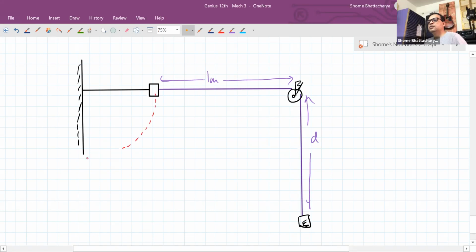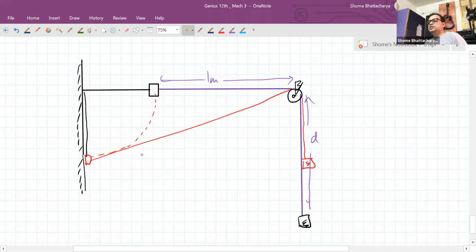So it went like this. So it's reached here. It's about to hit this wall. Okay. But it's pulled this thread into this kind of situation now. Okay.